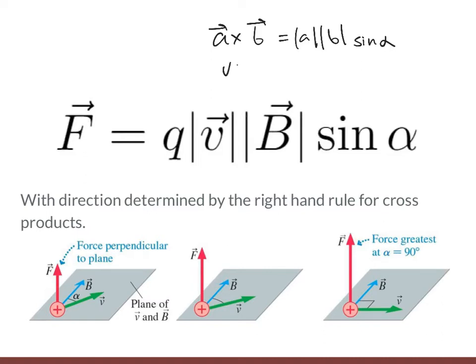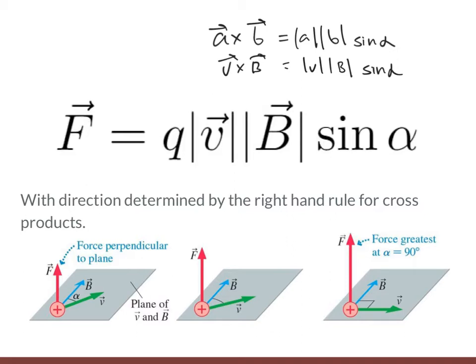So if we're doing v cross B, that's equal to the magnitude of v times the magnitude of B, these little brackets mean magnitude, times the sine of the angle between them. I'm not going to get into all of the detail on that because that's for a later thing, but that is where it comes from.